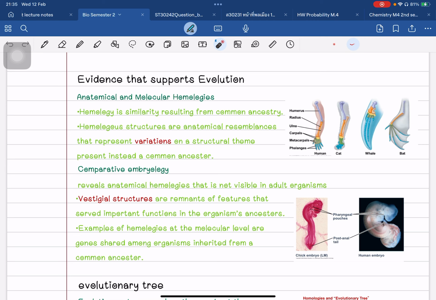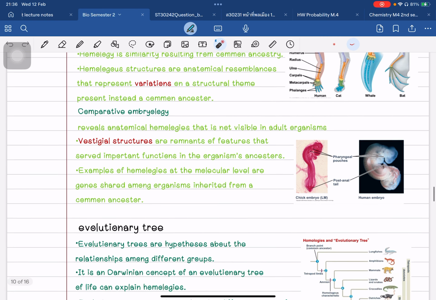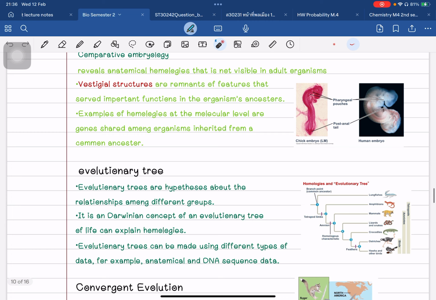Vestigial structures are remnants of features that served important functions in the organism's ancestors. Examples of homologies at the molecular level are genes shared among organisms, inherited from common ancestors. For example, the chicken embryo and the human embryo have similar functions and structures.